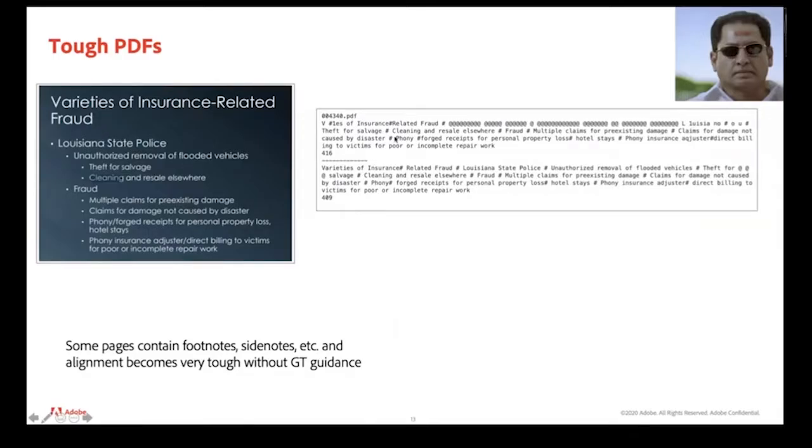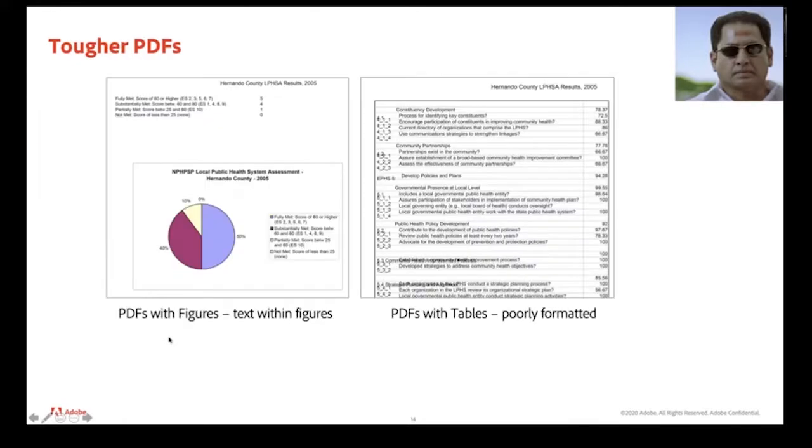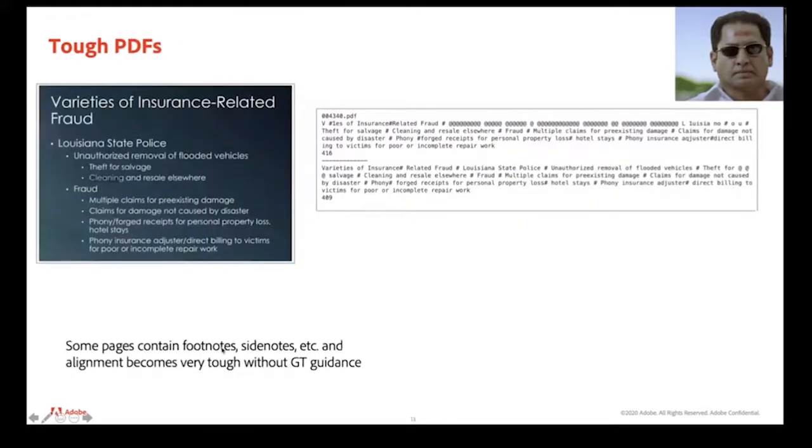For example, this is the OCR text, and the word Louisiana here starts here, but in the ground truth the word starts here only. So actually mapping the error token with the ground truth token is a very difficult task. Sometimes you also have things in footnotes and side notes, which are again very difficult to align.